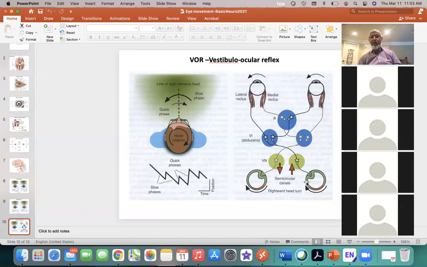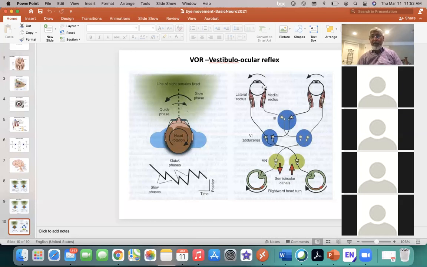This semicircular canal of this side will be active. So now they will send signals. Look at this one. They will send signals to the semicircular canals, and then from that they will go to the 6th nerve nucleus of the other side, and then the 3rd nerve nucleus of this side. So the third nerve nucleus of this one will cause the medial rectus to contract, and this one, the lateral rectus will contract.